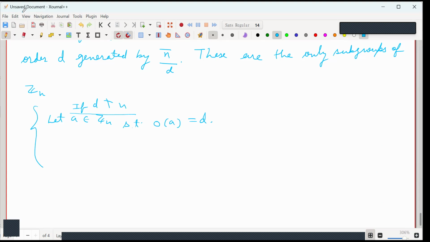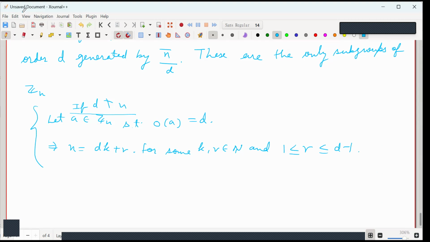So you use the Euclidean algorithm: n is dk plus r for some k and r in the natural numbers, and this r is non-zero, so 1 less than or equal to r less than or equal to d minus 1, because if r is 0, then d divides n.